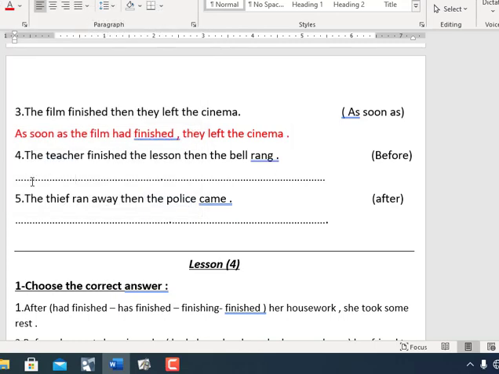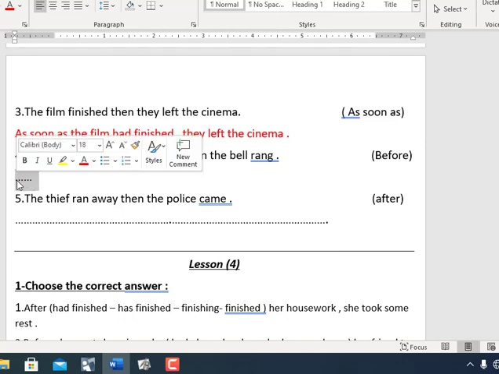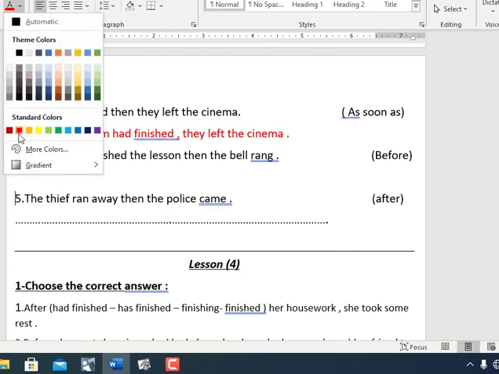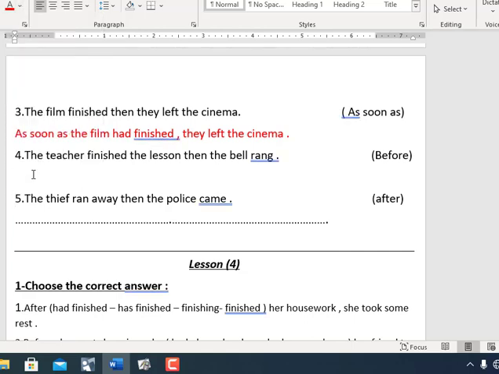Number 4, the teacher finished the lesson, then the bell rang. Here we have using before. So starting with before and followed by the second action. Before, where is the second action? The bell rang.